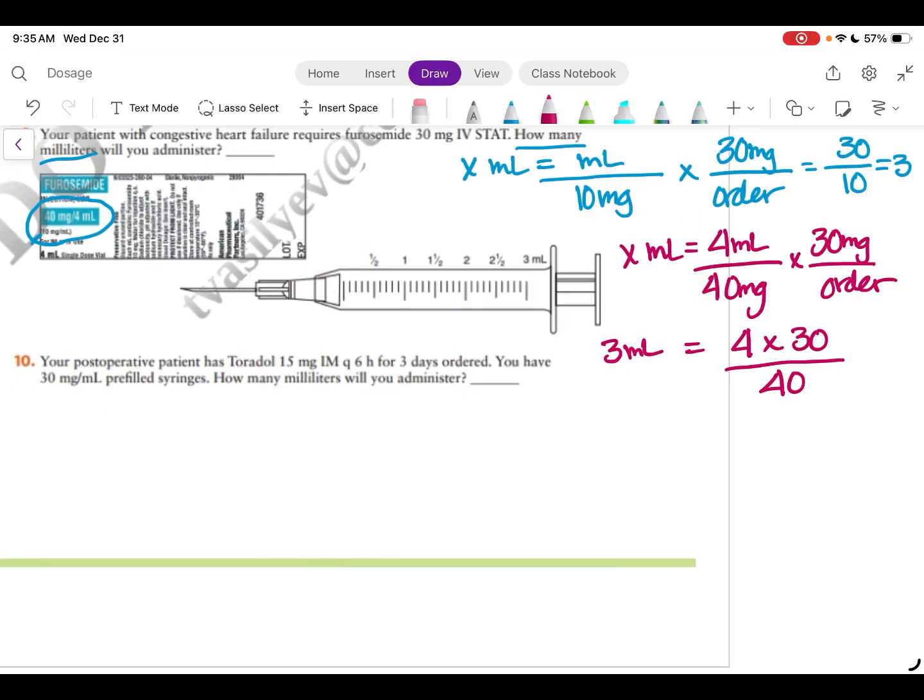Number 10. You have an order for Toradol, 15 milligrams. This is what you have available: pre-filled syringes that have 30 milligrams in 1 milliliter. And your question is, how many milliliters are you going to give? I should switch back to my blue color. Okay.